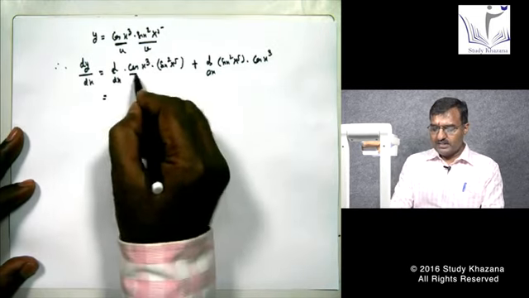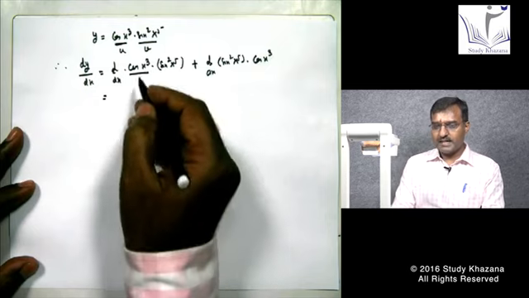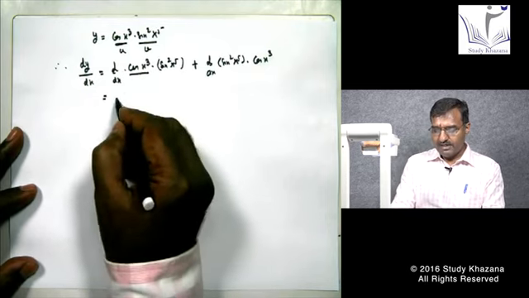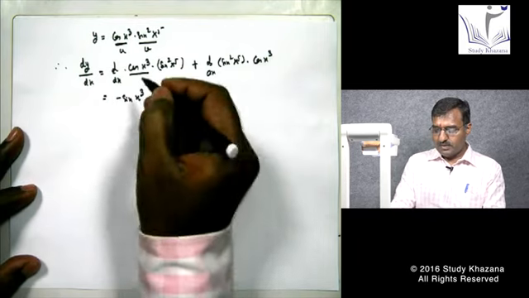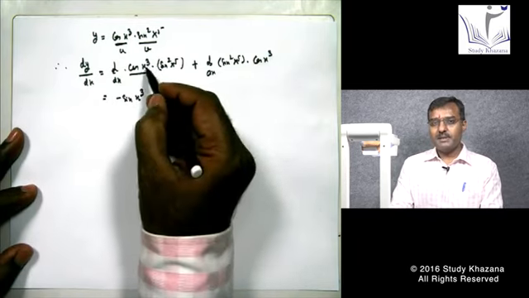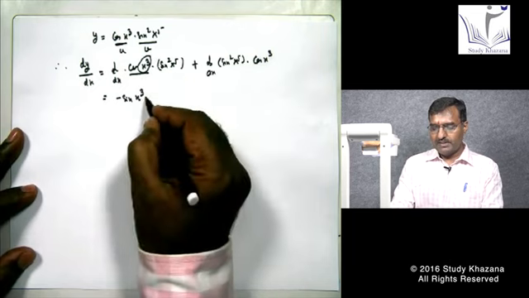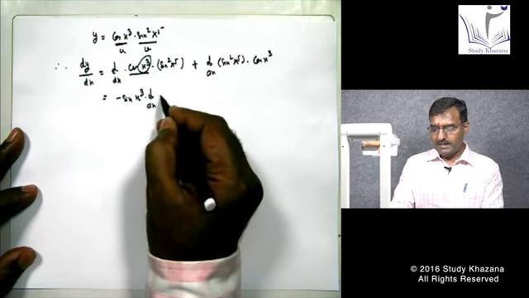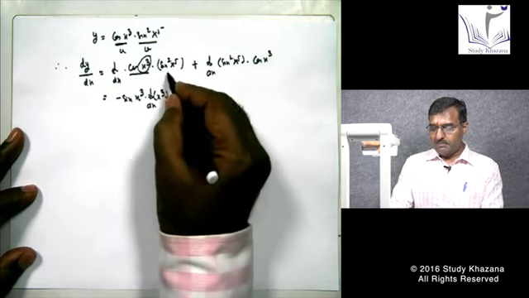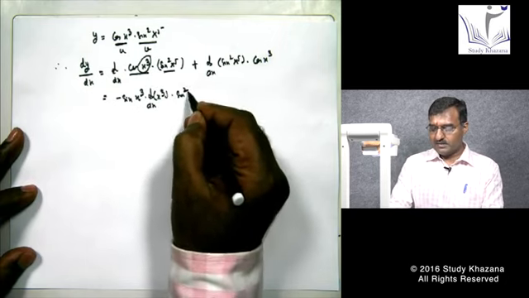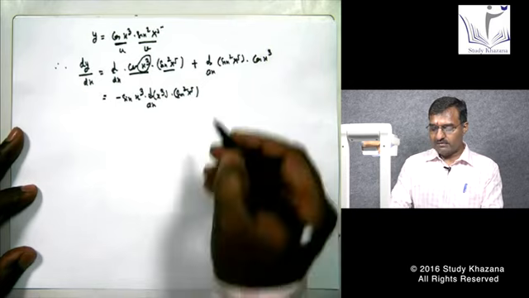So what is the derivative of cos x cube? The derivative of cos is minus sin x cube. Now I have to remember this, I also have to take the derivative of x3. So what I will write here is d by dx of x3 multiplied by this sin square x5.